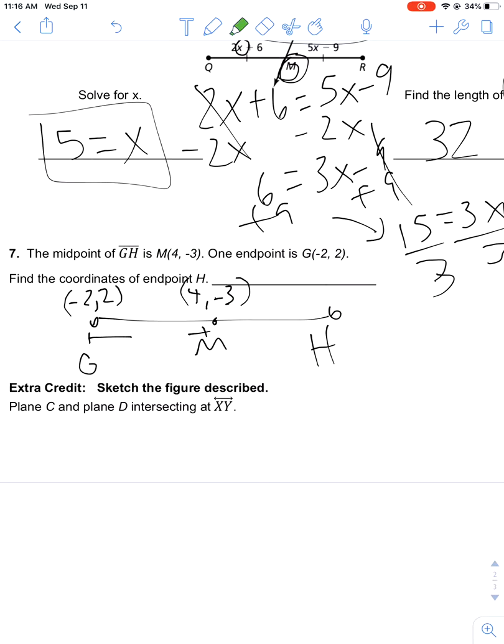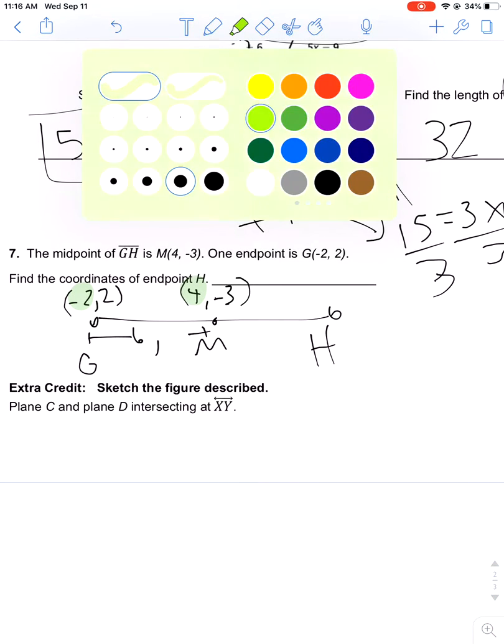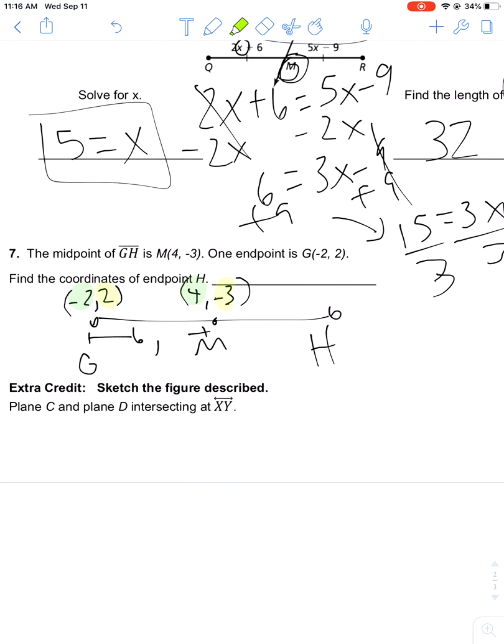Well, I'm going from -2 to 4, so that's 6. And I'm going from 2 to negative 3, which is down 5. But if it's a midpoint, that would mean that from here to here is also plus 6 and down 5. So 4 plus 6 is 10. Negative 3 minus 5 is negative 8.